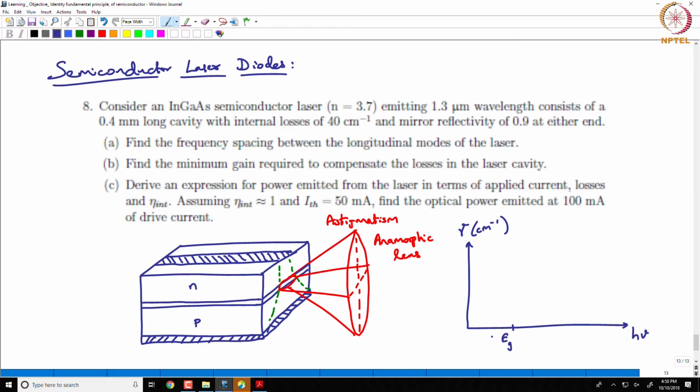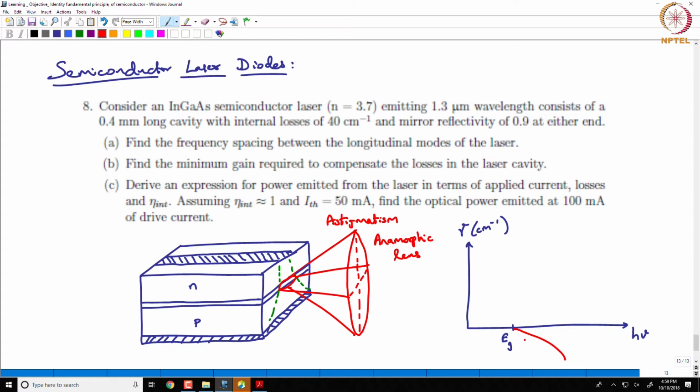Now, when you have light with energy greater than Eg, you are going to have absorption. Higher energy, higher frequency have more absorption because more density of states exists. But the absorption starts at Eg. This is if you do not inject any current.